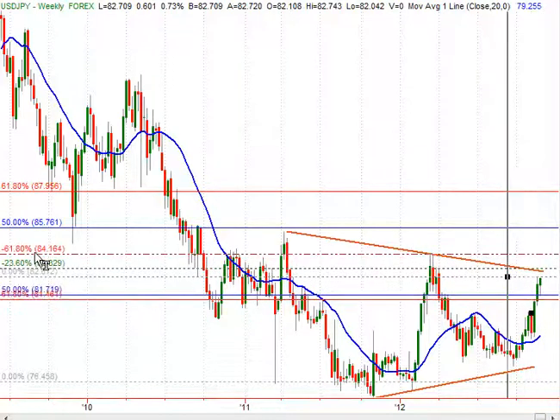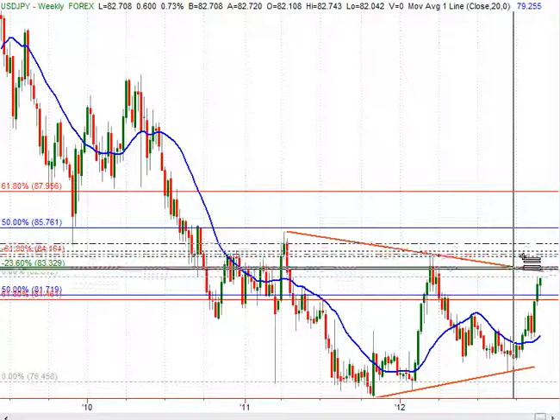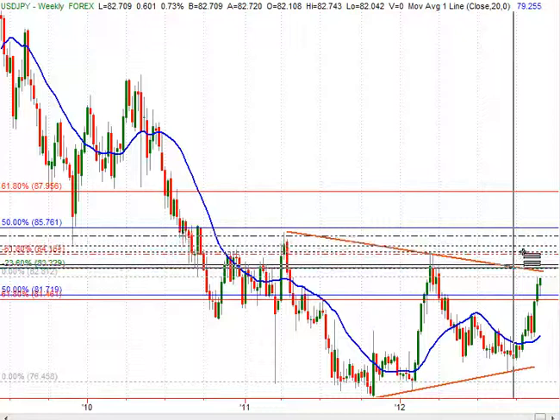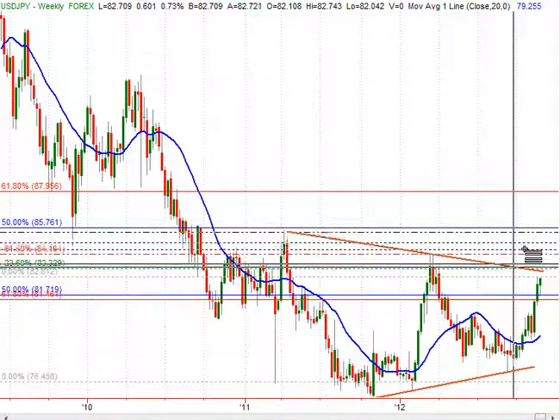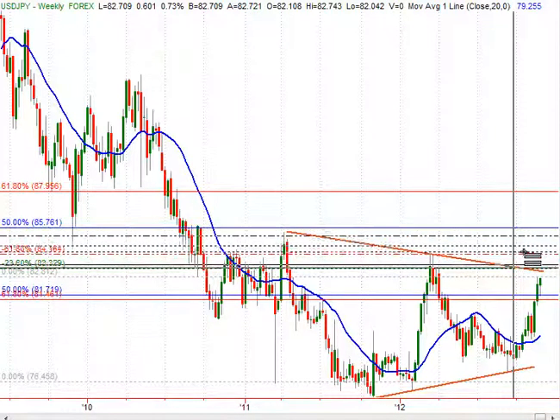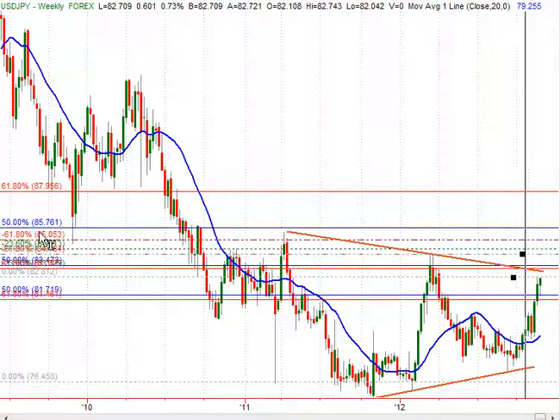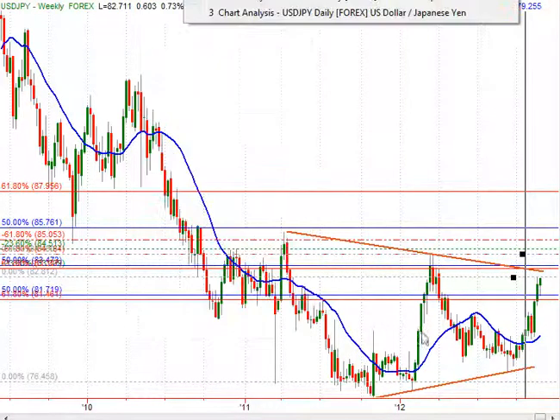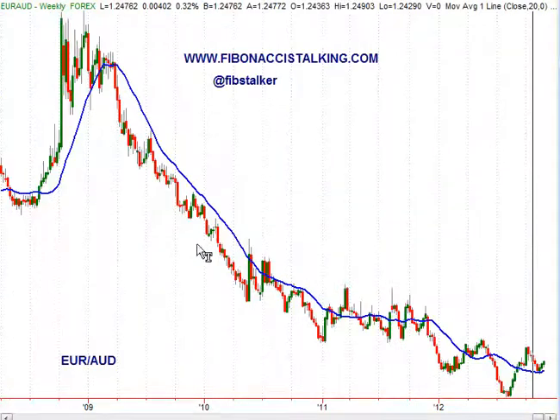This should bring price to 84, and then we could keep trading in extensions here, so choosing from this level to this level, or the high that we are going to get, and this could actually bring price into this 85.76 level of resistance.